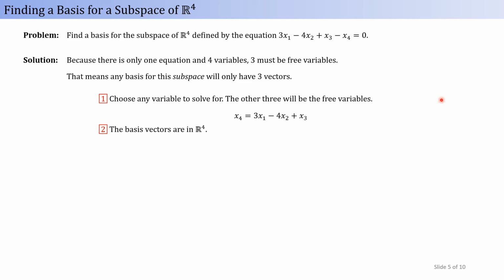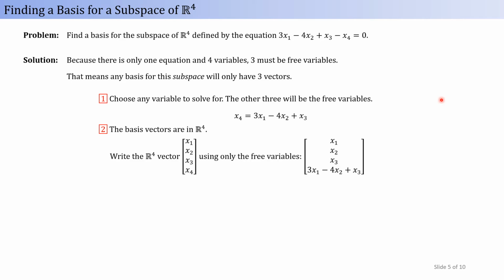Vectors in R4 have 4 things, right? And those four things are our variables, x1 through x4. But remember that we said that we only have 3 free variables. So we're going to rewrite x4 in terms of x1, x2, and x3, the free variables.